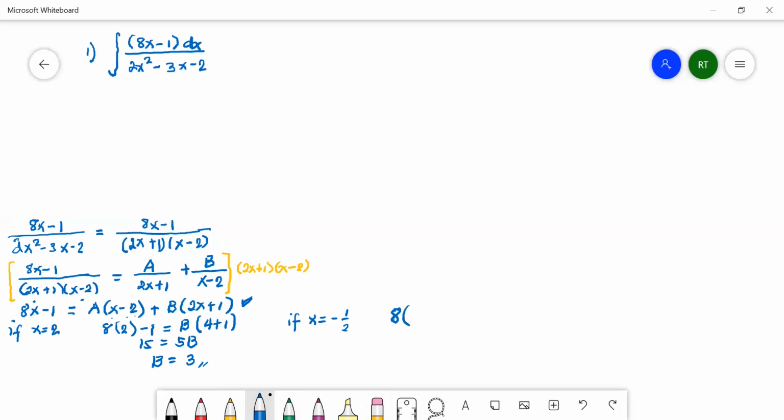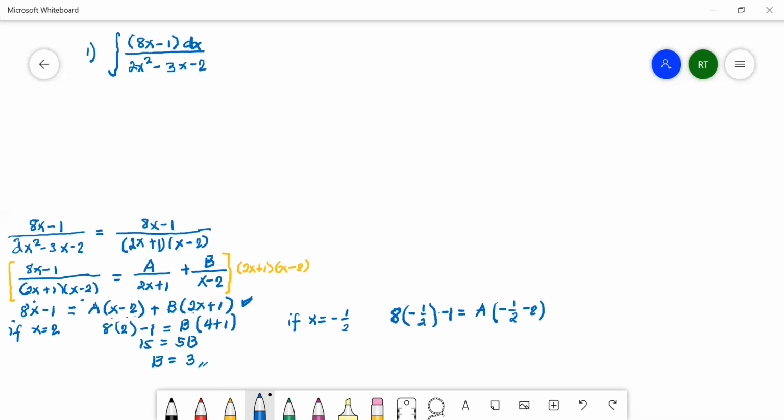So 8 times negative 1 half, minus 1 is equal to, this time the second term will be 0, since 2 times negative 1 half will give us negative 1, plus 1. So in the first term, we will have a times the quantity negative 1 half, we replace x by negative 1 half, minus 2.